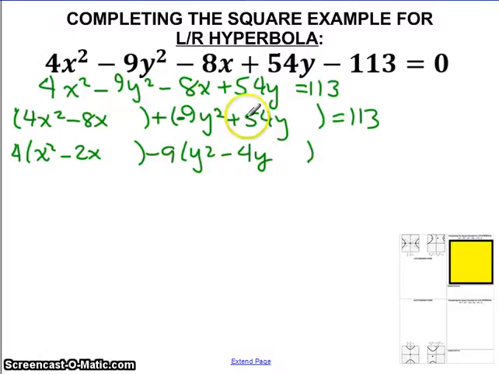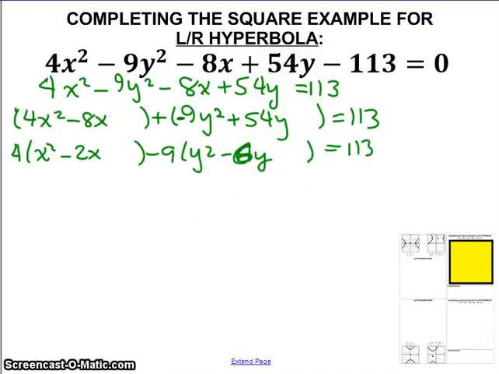Okay, so be sure you understand what we're doing here. When we take the negative 9 out, if I were to redistribute this and go backward, I would have negative 9y squared plus 54y, negative times negative, equals 113.